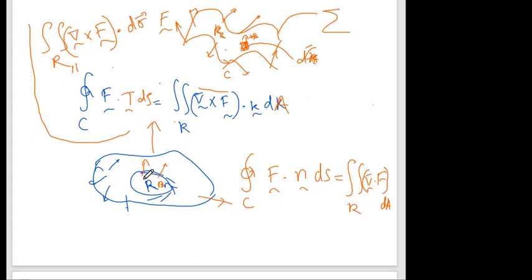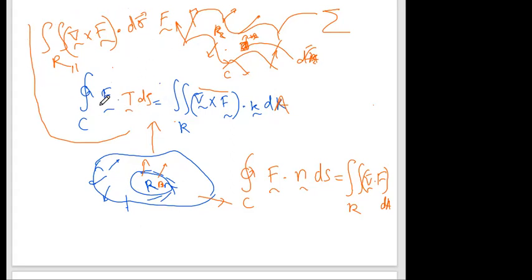Earlier, this was a two-dimensional surface embedded in two-dimensional space. Now this surface is embedded in three-dimensional space. So this is the 3D version of Green's first version, and this is the two-dimensional version.